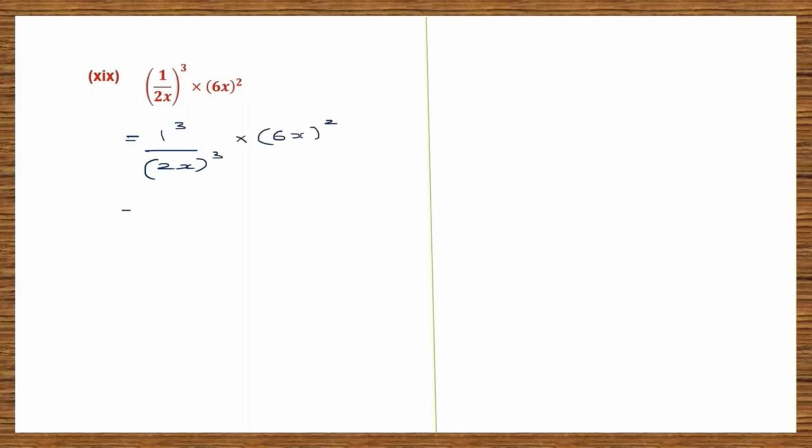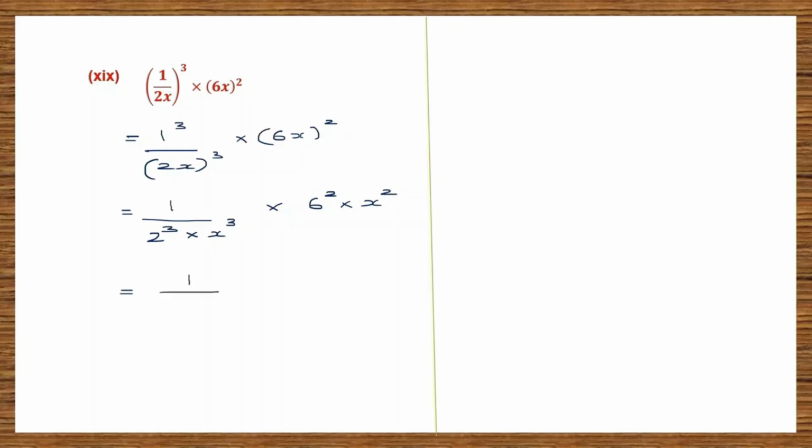So here 1 raised to the power of 3 will be 1. 1, any number of times you multiply, you'll get 1. Now 2x, the whole thing raised to the power of 3 means 2 is raised to the power of 3 and x is also raised to the power of 3. On this side also we have 6 raised to the power of 2 into x raised to the power of 2. So what will this be?